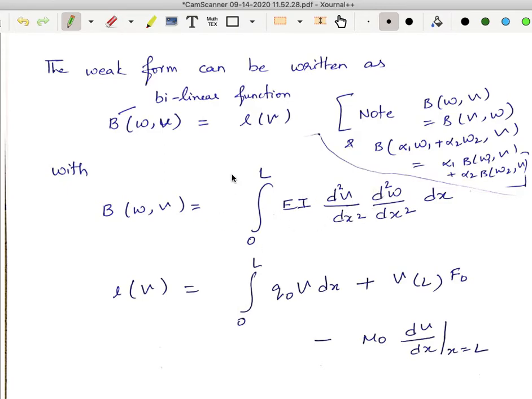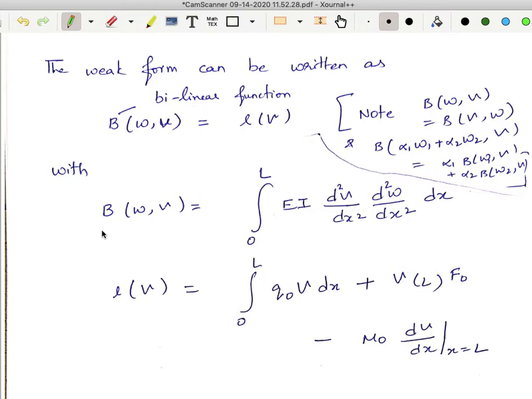I can rewrite this as alpha 1 into the integral involving w1 plus alpha 2 into the integral involving w2, which is nothing but alpha 1 into b of w1 comma v plus alpha 2 into b of w2 comma v. I can do the same thing keeping w constant and taking alpha 1 v1 plus alpha 2 v2. Such a property is referred to as bilinearity.